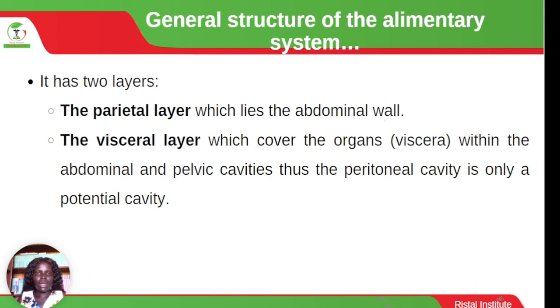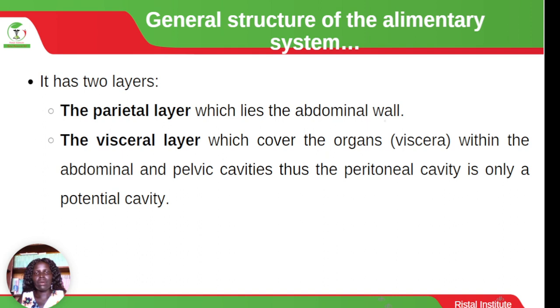It has two layers. We have the parietal layer, which lies against the abdominal wall, then the visceral layer, which covers the organs or the viscera within the abdominal and the pelvic cavities.